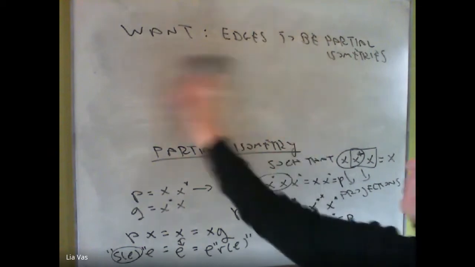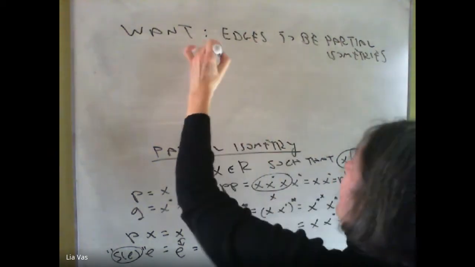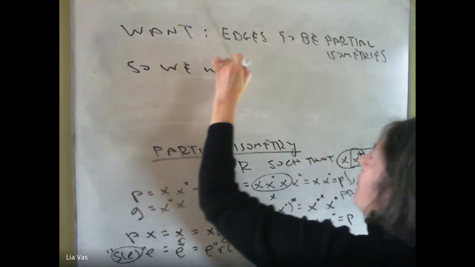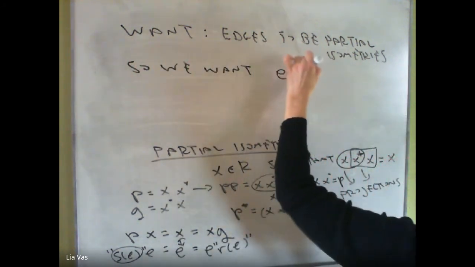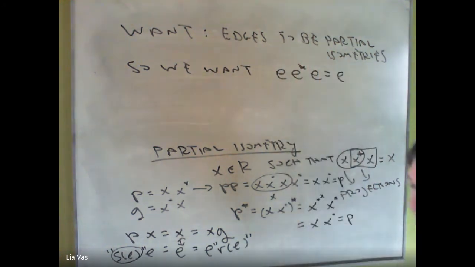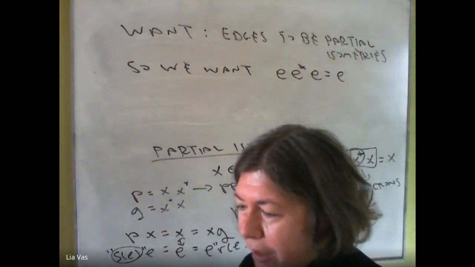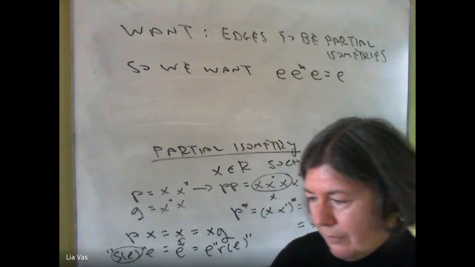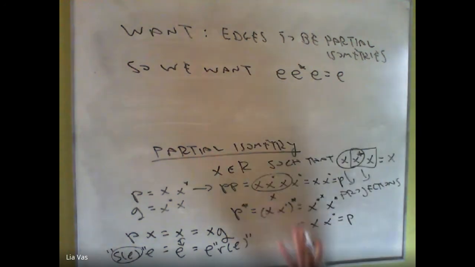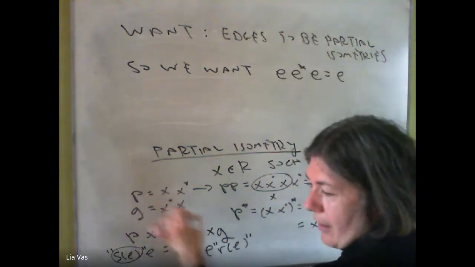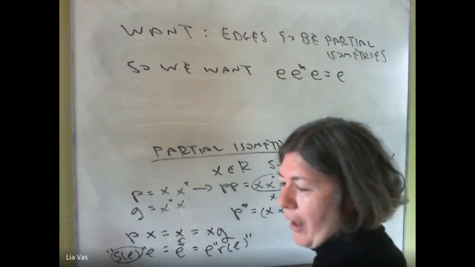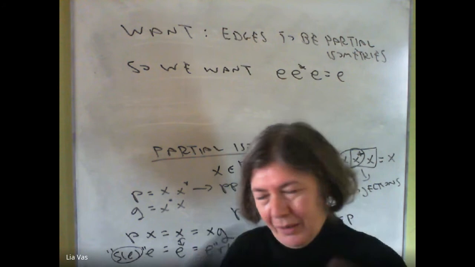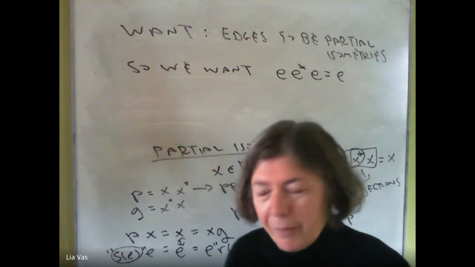So what does that mean? That we want E times E star E to be equal to E, right? That is going to give us that edges are partial isometries. And actually, in the world of star rings, this is called source and range, in actually the reverse nomenclature than in the graph algebra world.